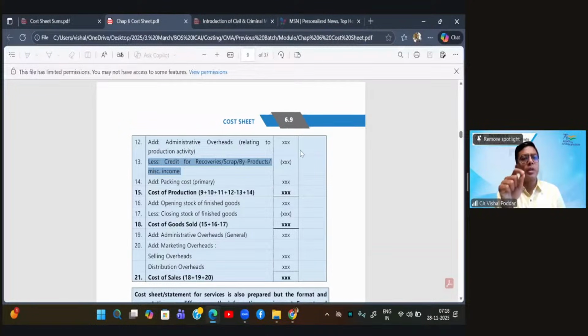Now it is adjusted here whenever these scrap or these sales are considered as your normal loss, normal byproducts. So whatever you recover, whatever you realize from the sale of this normal loss, normal byproducts, that is adjusted by subtracting.